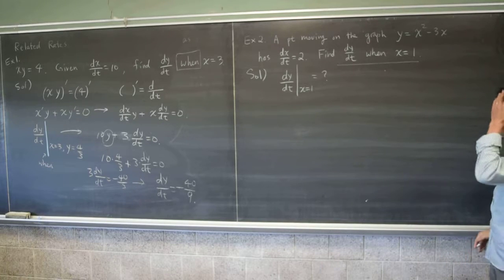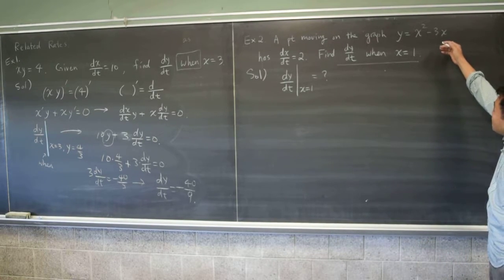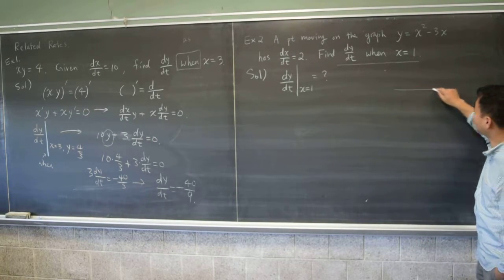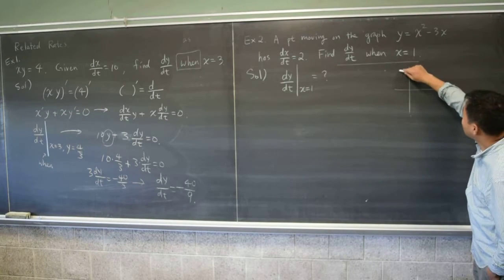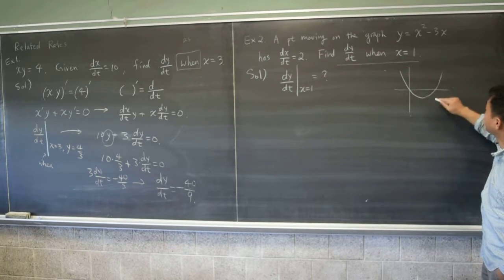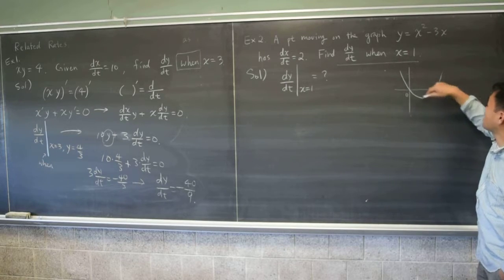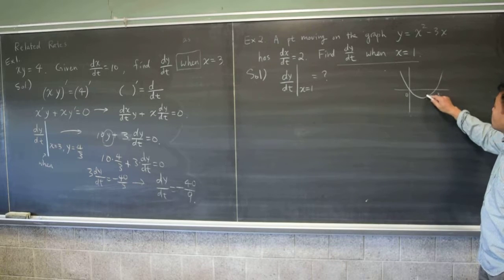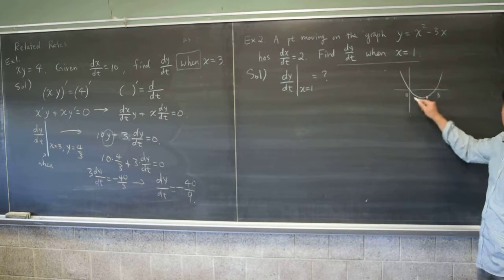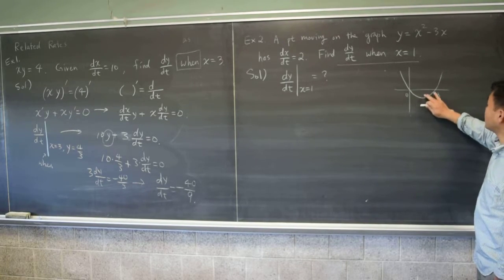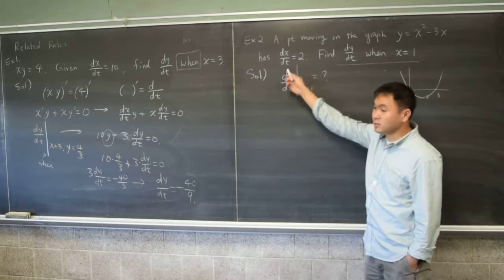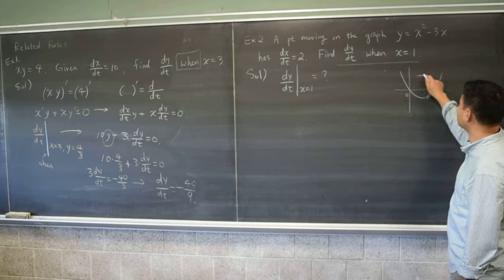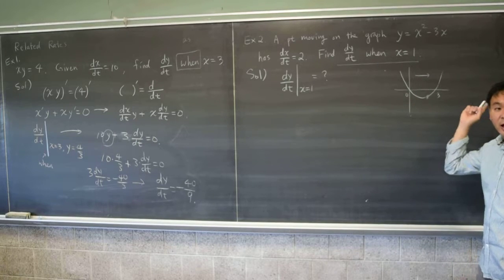Okay, I should have first explained what this question is. This question is about a graph. It's a parabola that looks like that, and you have some point particle moving on this path. And it says dx/dt is 2. That means the x-directional velocity is 2.